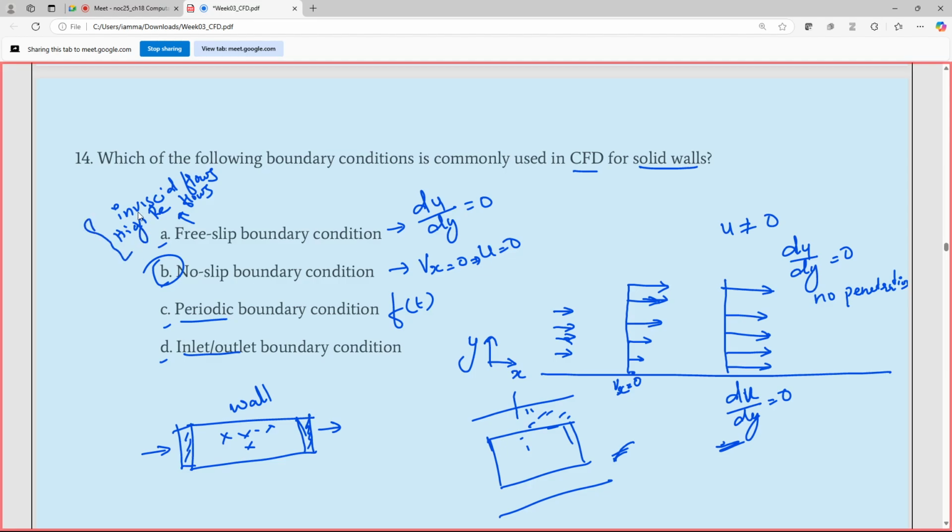These are practical applications, the use cases for the free-slip boundary condition. When Reynolds number is very high, we may not be concerned with the shear stress, or in applications where shear stresses are not required, free slip boundary conditions are used.